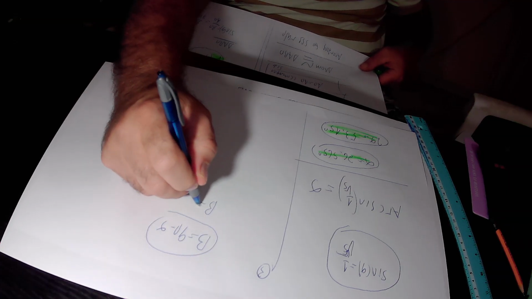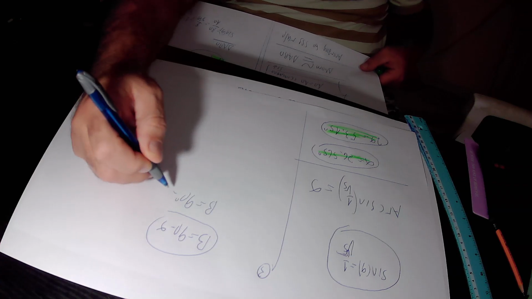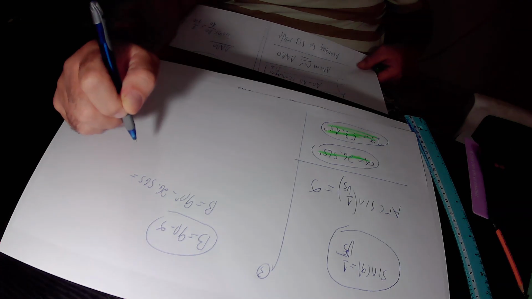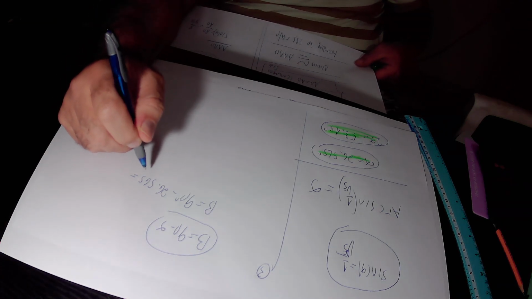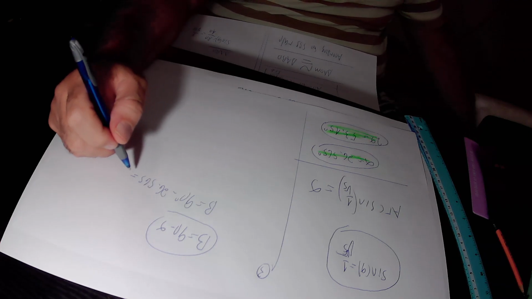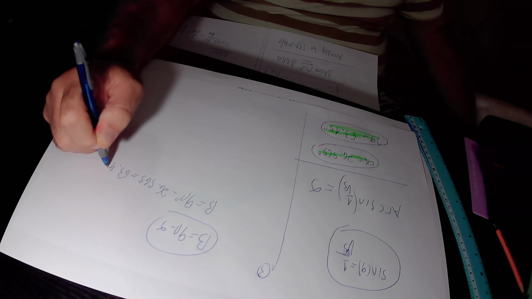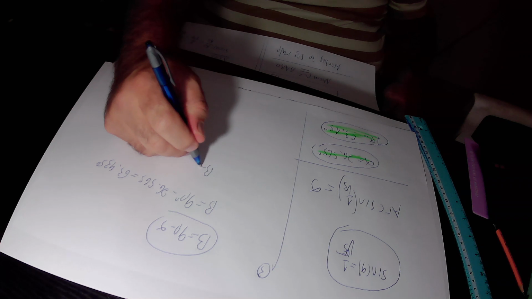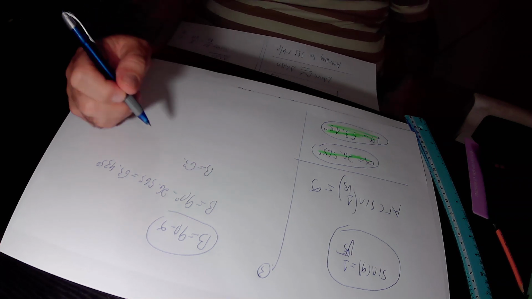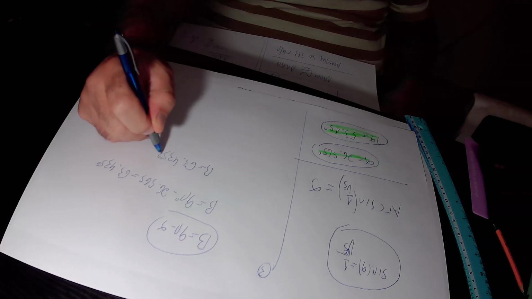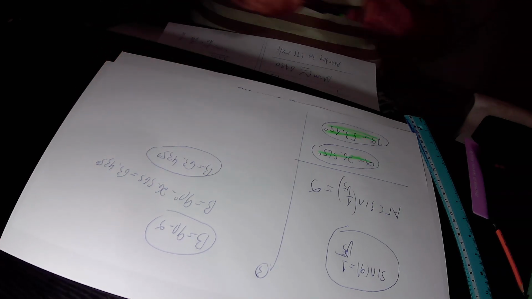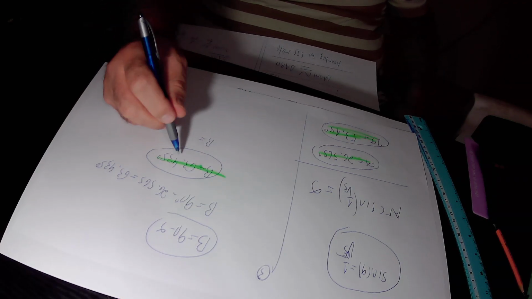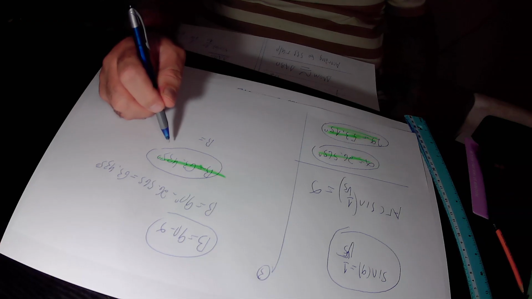That is 90 degrees minus 26.565, which equals 63.435 degrees. And therefore 2 beta equals 2 times 63.435 degrees.